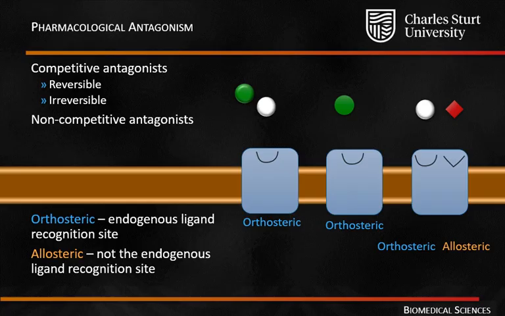The other thing that we're going to look at here is there are different types of antagonists, just as there are different types of enzyme inhibitors, and the terminology is very similar. So if we're looking at competitive antagonists, these are binding to the same site, where we have one orthosteric binding site and both the antagonist and the endogenous ligand can bind to the same site.